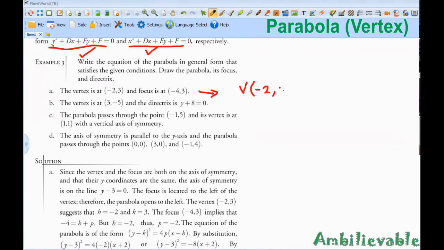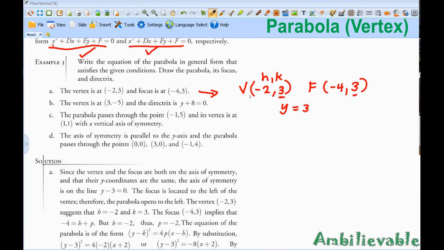The vertex is at negative 2, 3. And the focus is at negative 4, 3. Remember that the vertex is at (h, k). We should determine the opening of the parabola. Since the vertex and the focus have the same y coordinate, which is 3, y equals 3 is the axis of symmetry.